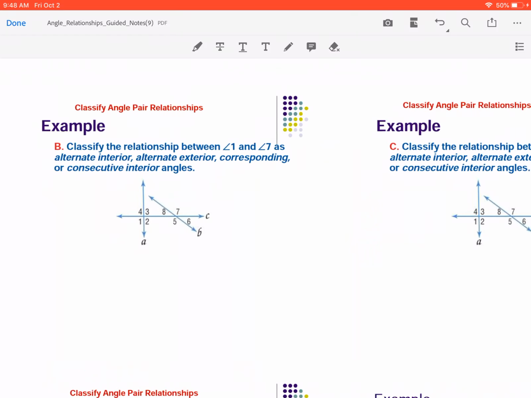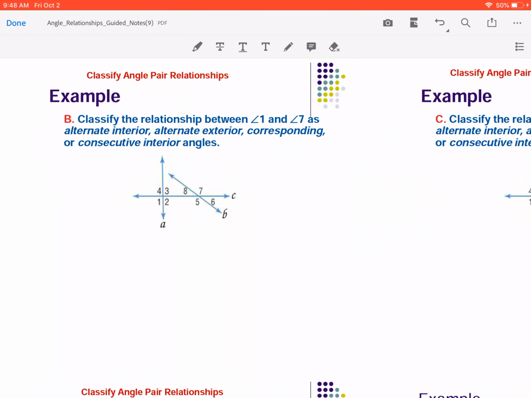All right, go to the next one. This time we're looking at 1 and 7. Again, if you needed to turn your paper sideways, you could. 1 is bottom left. 7 is top right. They're not corresponding. They're not on the inside of lines A and B, so it can't be anything interior.